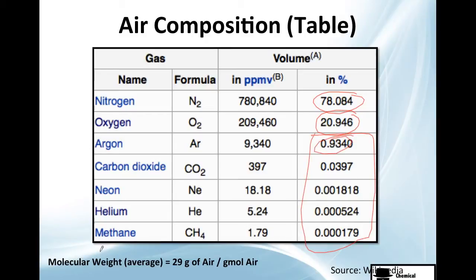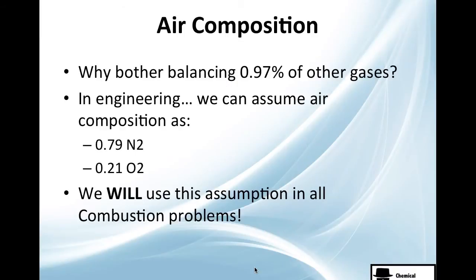So just to have an idea, you have a molecular weight on average of 29 grams of air per mole of air. So why bother to balance these 0.97% of other gases, which is noble gases plus CO2 plus water plus methane, many gases? Imagine how our mass balance will be.